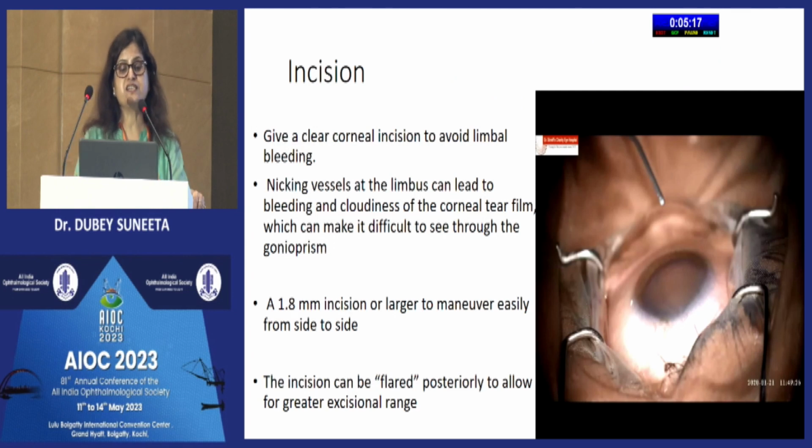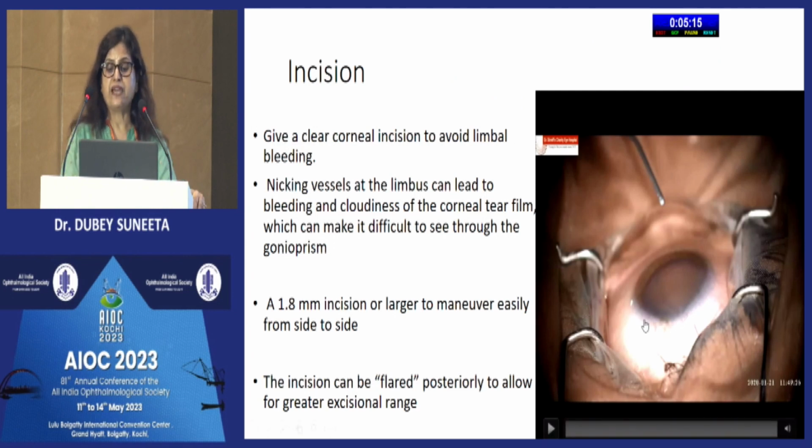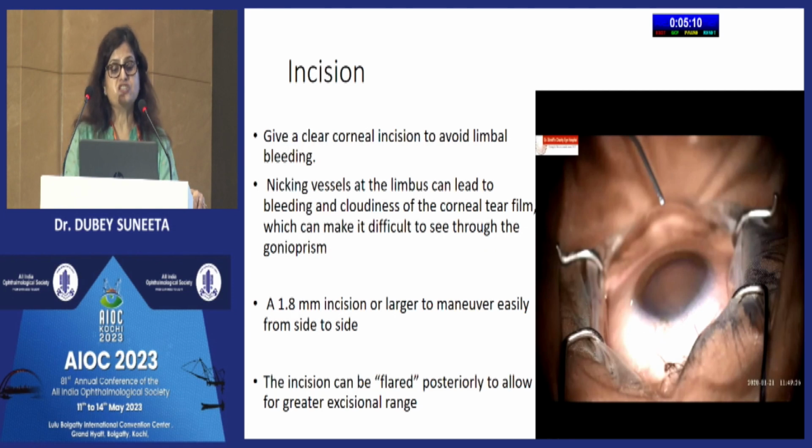Now, as far as the incision is concerned, when you are combining, even without cataract surgery, you have to give a clear corneal incision, so as to avoid limbal bleeding. Because if you make the incision at the limbus, you can nick the limbal vessels, which can hamper the visibility of your procedure, because the blood can spread over the cornea.